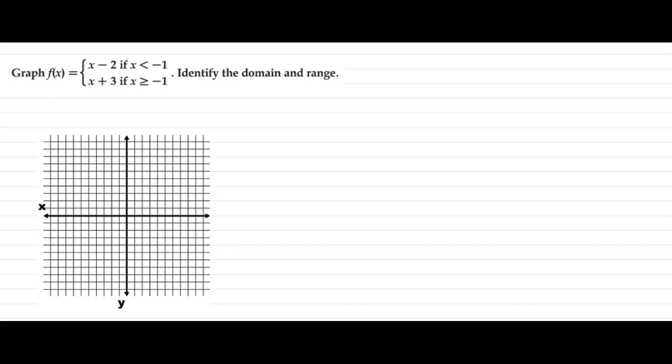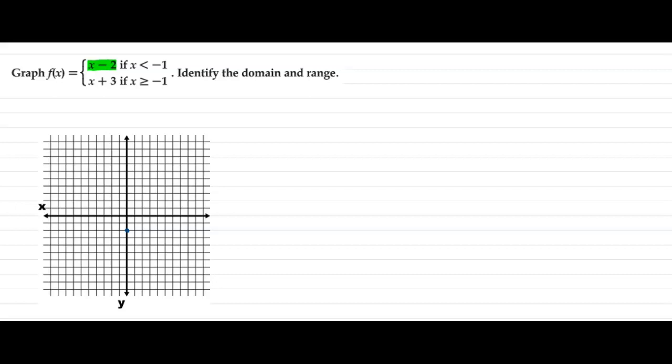So in order to graph this, I'm going to have two pieces of lines. We're going to start with the first line right here. And I'm just going to graph this line like we always do. We begin with b and we move m, which is our slope of 1x.